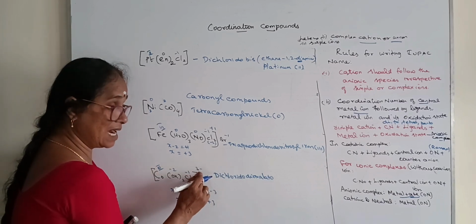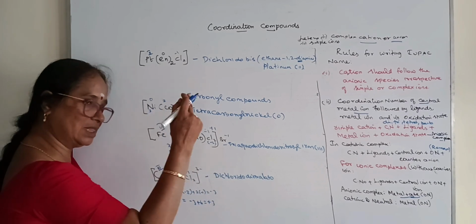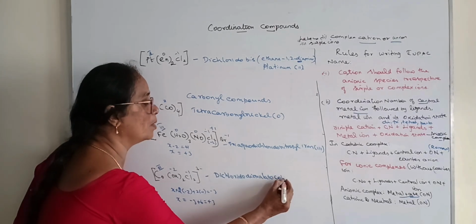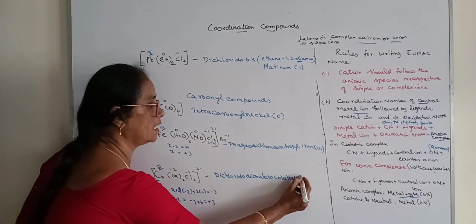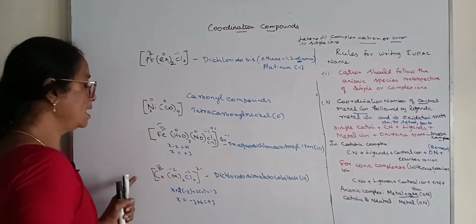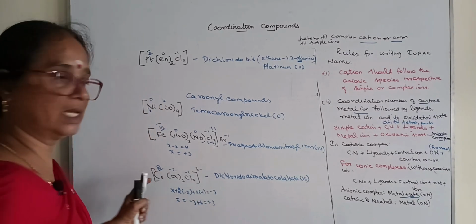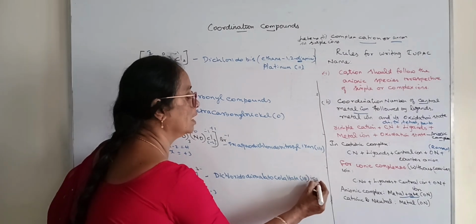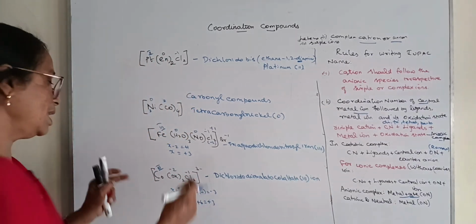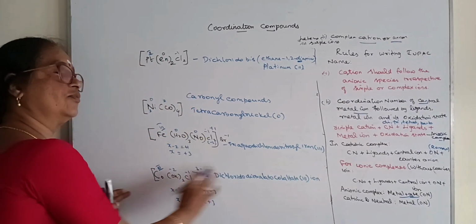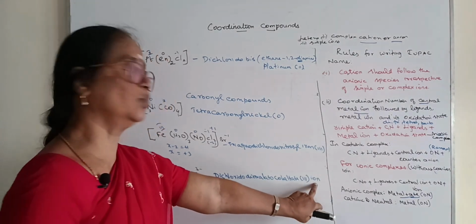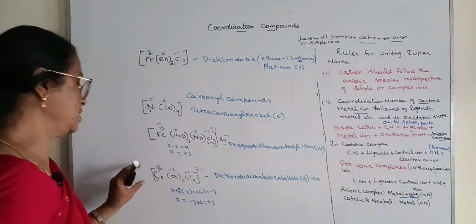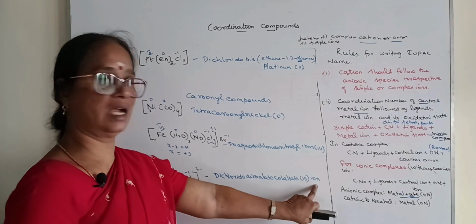Cobalt, anionic complex, so cobalt ends with the suffix ate, cobaltate, with oxidation state 3. As it has no counter ion, it ends with ion. So when the complex has no simple counter ion, the complex always ends with ion, which specifies the complex in its ionic state.